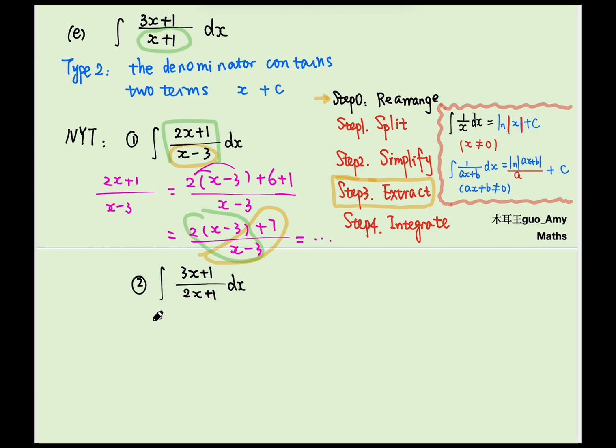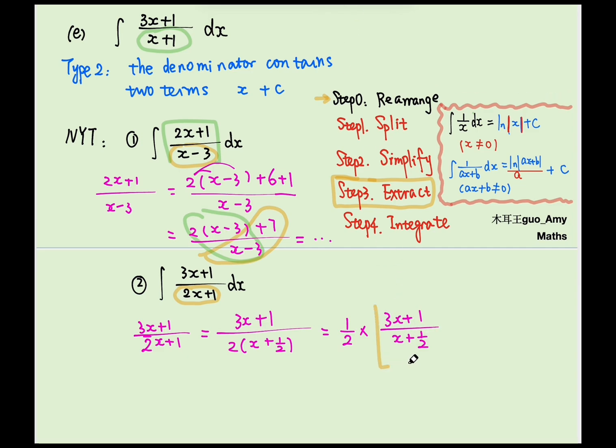Then for part 2, we also focus on the denominator, which is 2x plus 1. We can try to make the coefficient of x be 1. We are going to make 2 outside as a common factor: a half times 3x plus 1 over x plus a half. Then for this fraction, the denominator x has a coefficient 1.